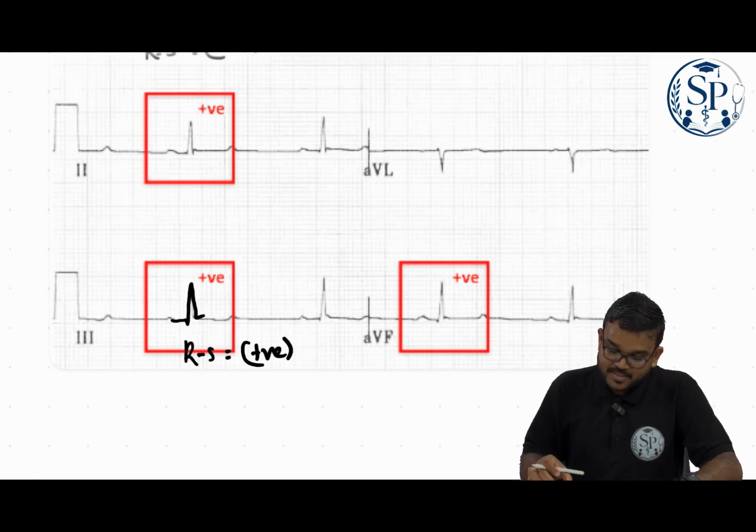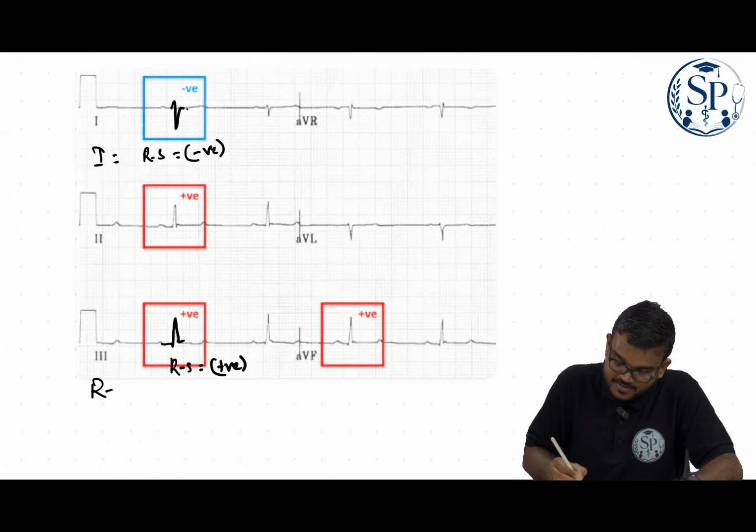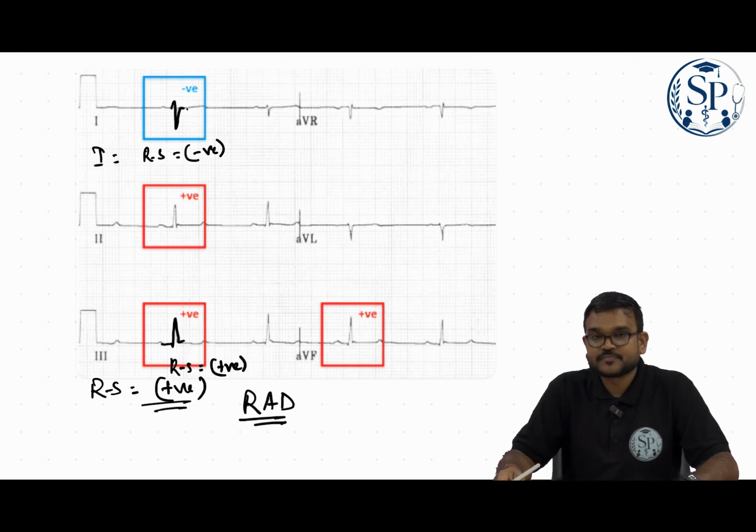Okay, so if the R minus S is negative in lead 1 and positive in lead 3 or AVF, then it is right axis deviation. Okay. Now we will look at another concept.